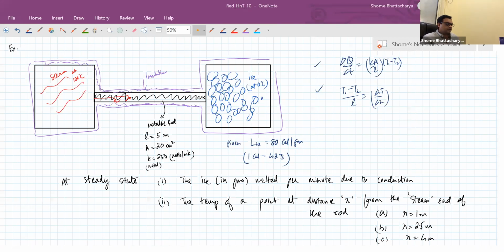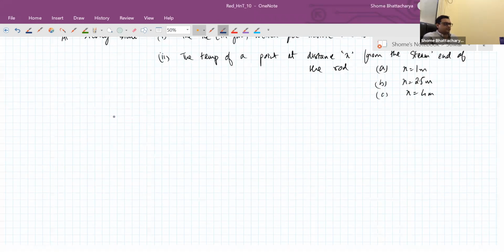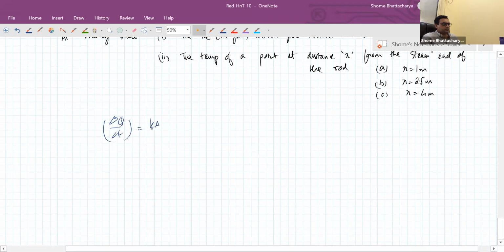Okay, so how many grams of ice are melting per second? I'm getting different answers from different people, so I'll just verify the answer for you. See, delta Q by delta T at steady state, the so-called heat current or rate of heat conduction, is given by this.